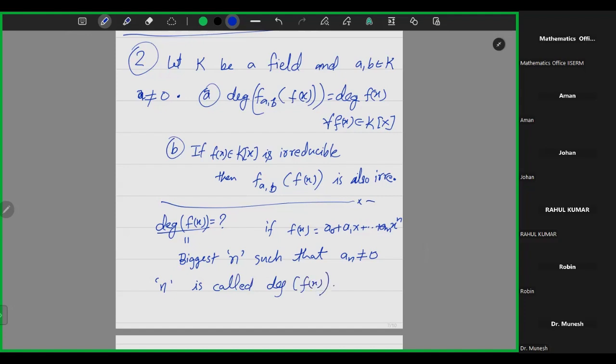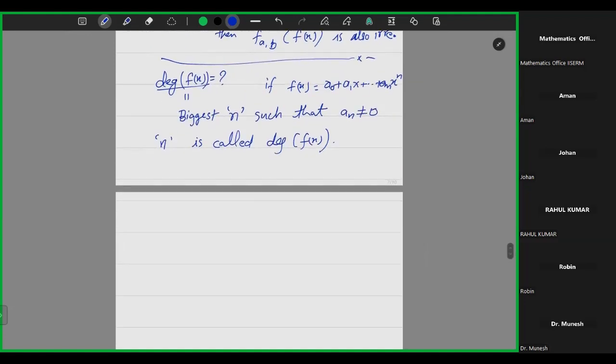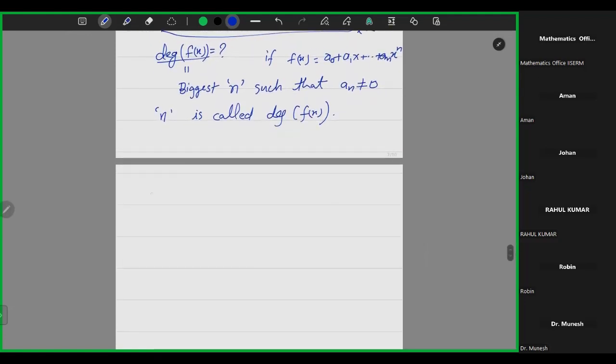Okay, so let's see what happens. Let degree Fx be equal to n, and we want to show that this is the same as the degree of FAB of Fx.